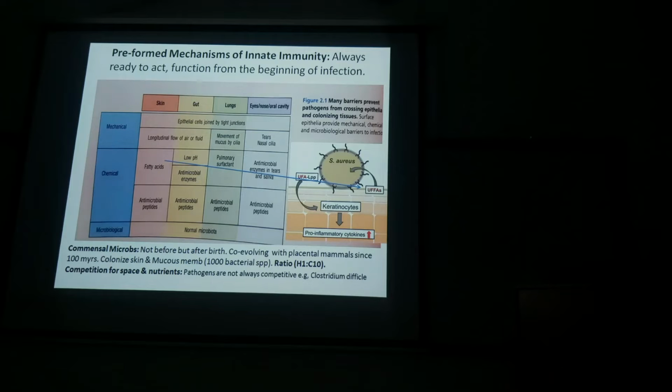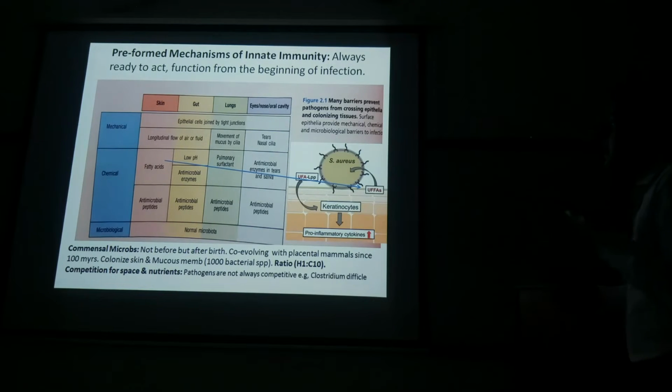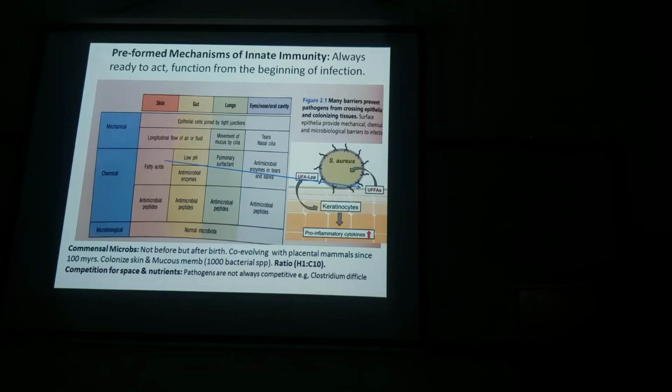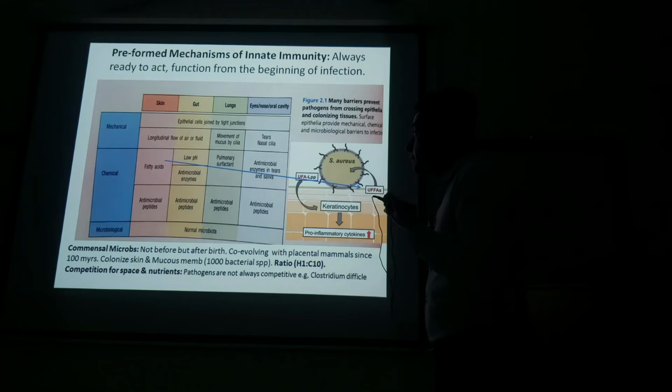Many microbes are killed in your stomach as a result of this low or acidic pH, or antimicrobial enzymes which are produced there and also act against the microbes, or antimicrobial peptides produced there. So there are similar kinds of productions in the skin, the gut, lungs, eyes, nose, and the oral cavity. You can just go through these procedures.